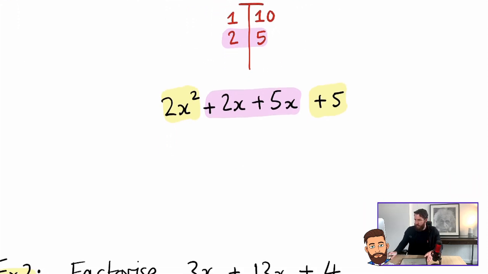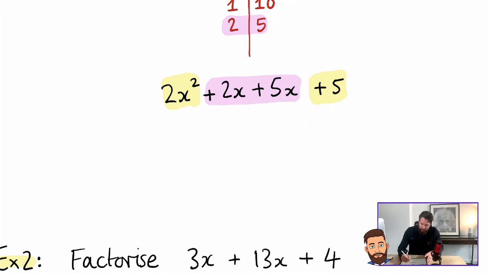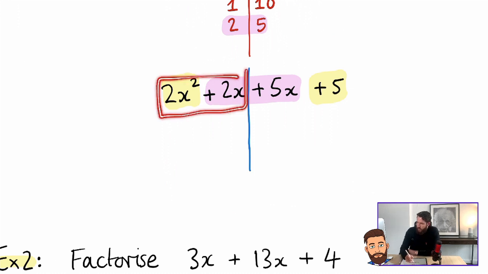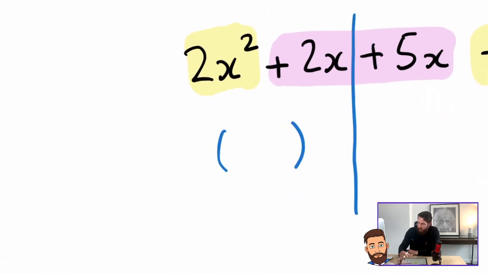Well, from there we will split it down the middle. Okay, we're going to split that right down the middle, and we're now going to factorize each side. Well, if I focus on the left-hand side, what would the left-hand side factorize to? Here you need to know basic factorizing. Look at your two terms.